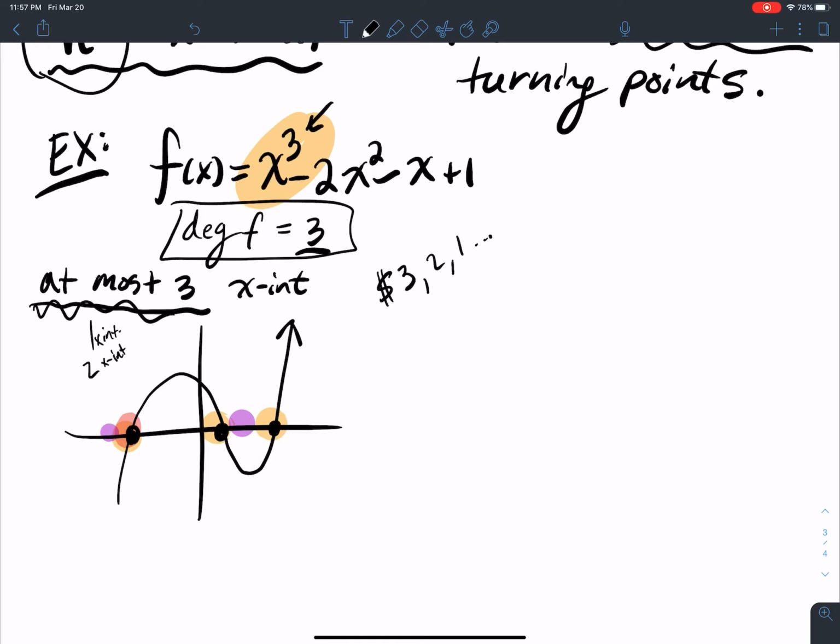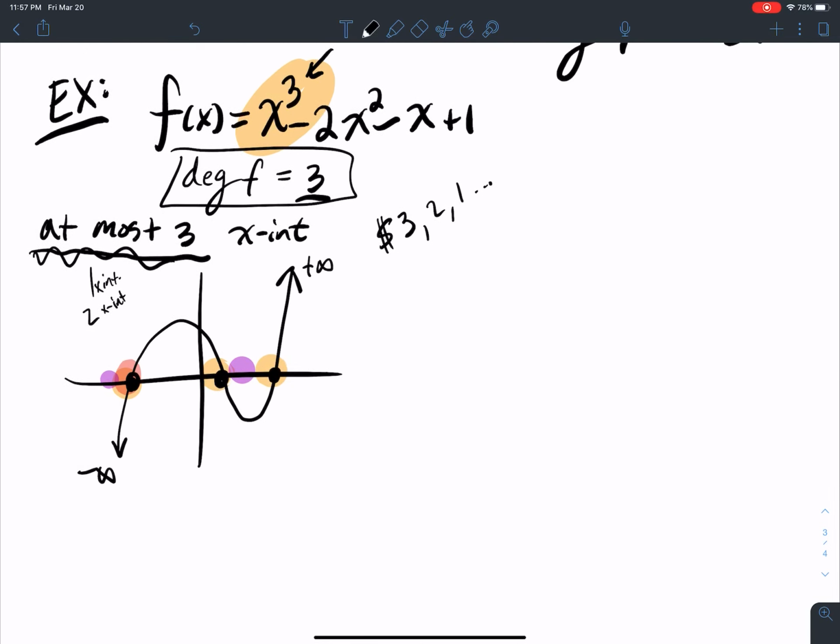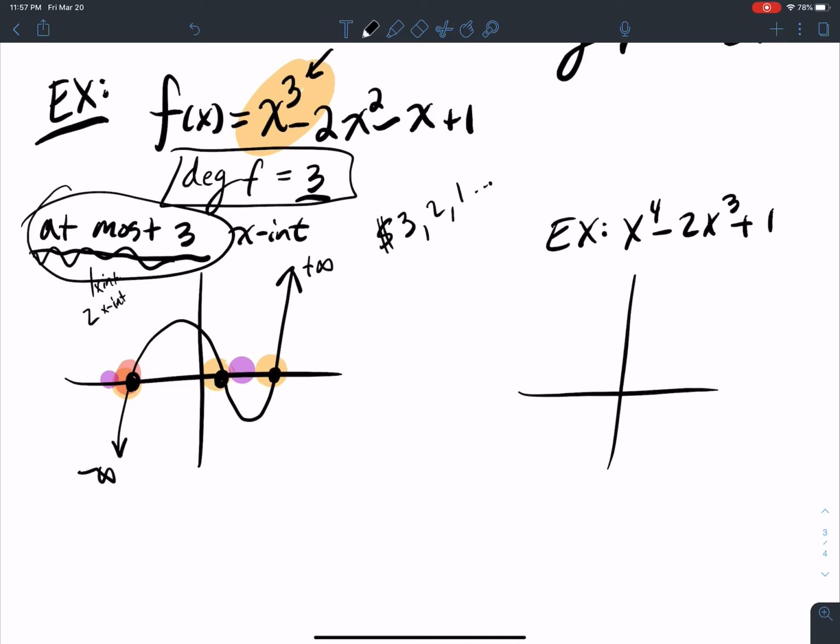Now, a cubic is different because I know one side is going to positive infinity and the other side has to go to negative infinity. So I'm guaranteed at least 1. But just because I say at most 3, technically, if it was an even degree, here's another example, x to the 4th minus 2x cubed plus 1, okay? This graph looks something weird like this, all right?